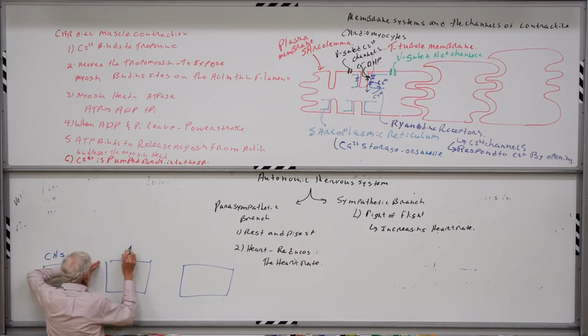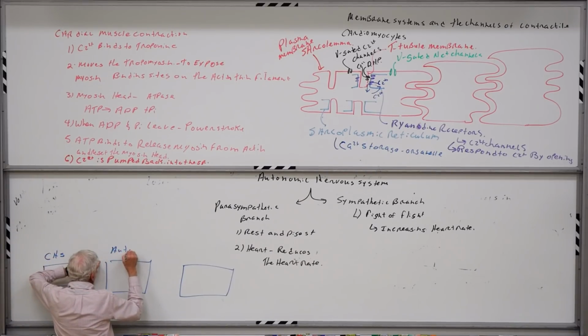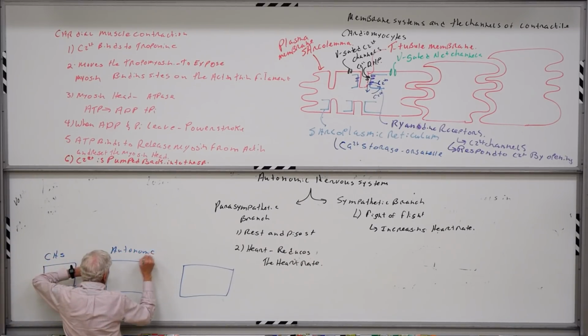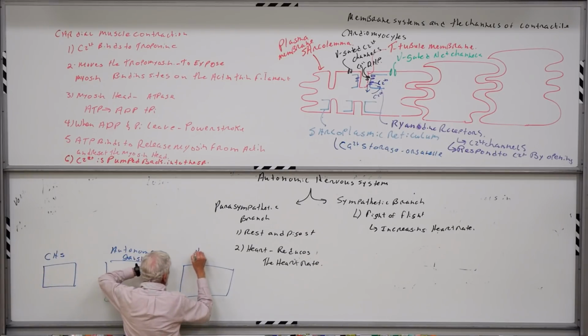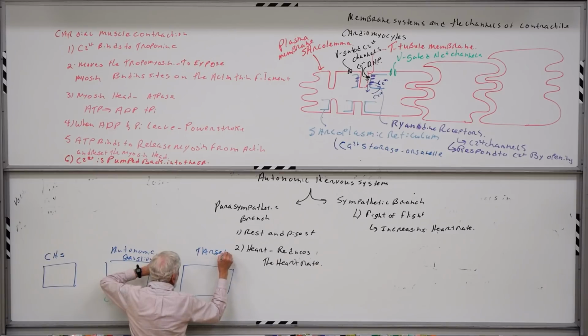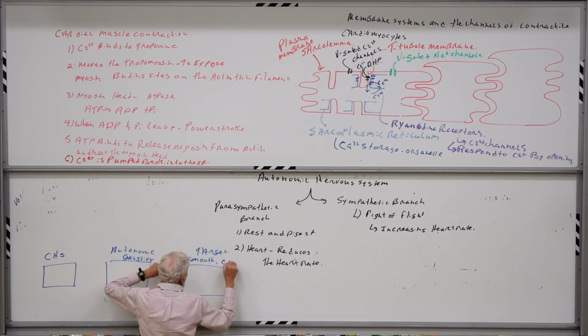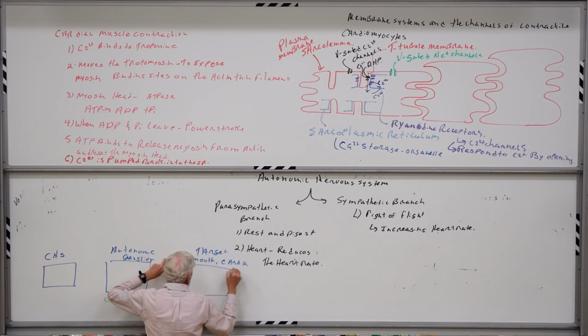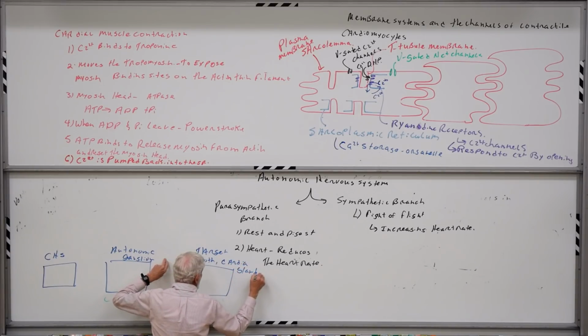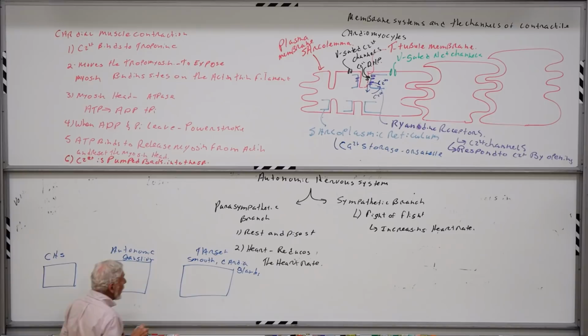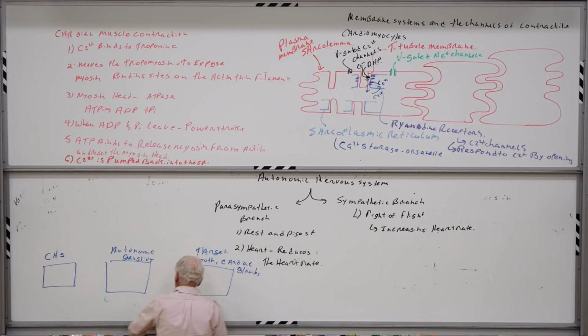The second box is the autonomic ganglion. And the third box is the target. And the target can be smooth muscle, cardiac muscle, or glands. We're going to emphasize the cardiac point. Let me just finish here with this idea.